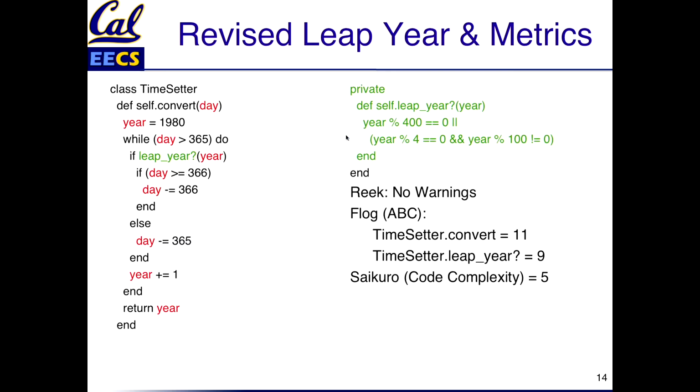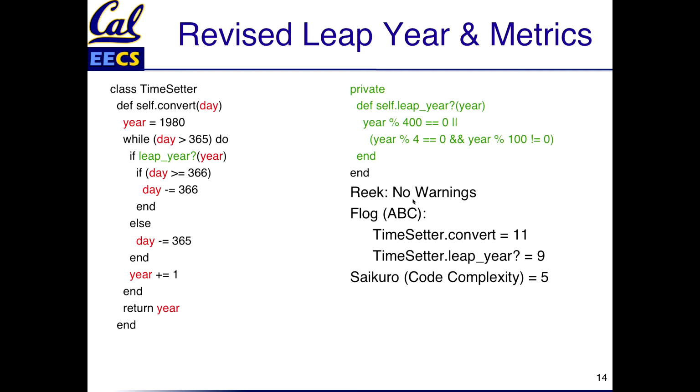Well, let's go through, and first of all, we're pretty sure D was day and Y was year, and we can put that in here, and let's do that leap year calculation. We've got the leap year method with the question mark, so it's returning a Boolean value, and we stick that over there. To be able to figure that out, we've broken that out into a separate private method. So when we put that through Reek, instead of the 6 warnings, one of the warnings was that it was too long, and uncommunicative variable names.